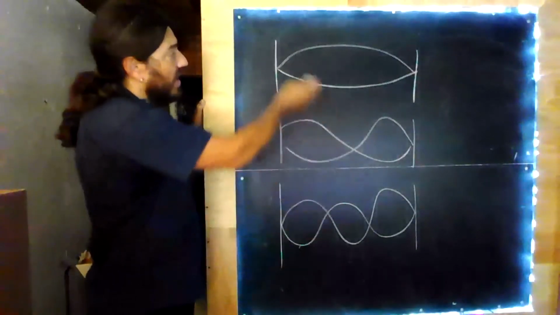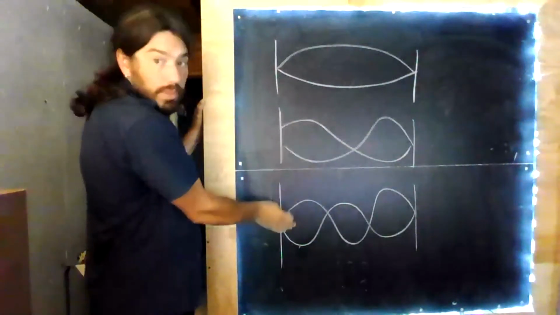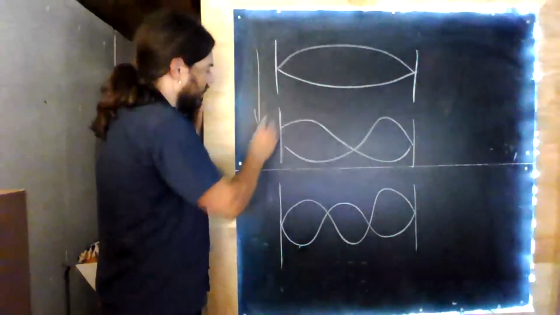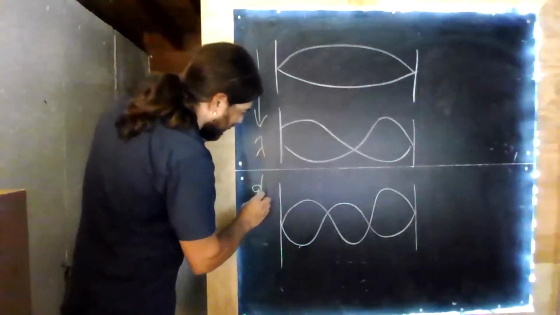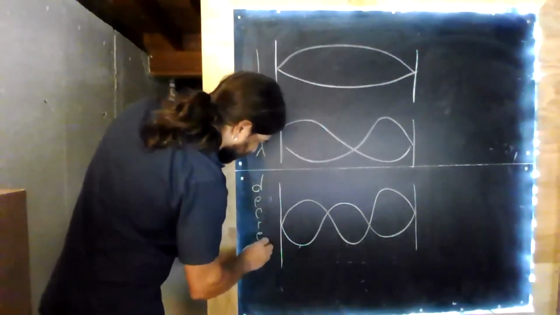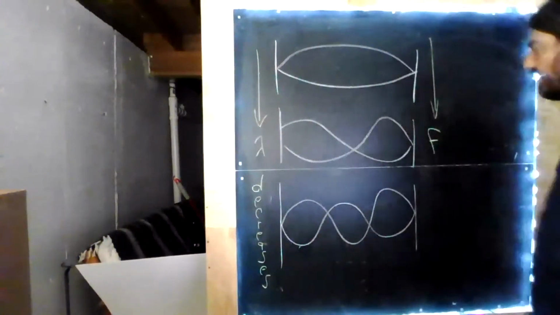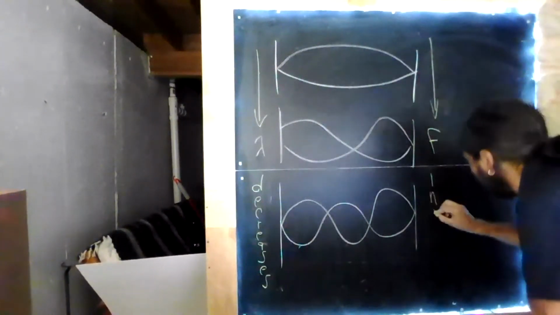One thing to notice here, as I go from the 1 lumper to the 2 lumper to the 3 lumper, the wavelength decreases. So as I travel in this direction, wavelength decreases. Whereas, as I travel in this direction, what happens to the frequency? The frequency increases.